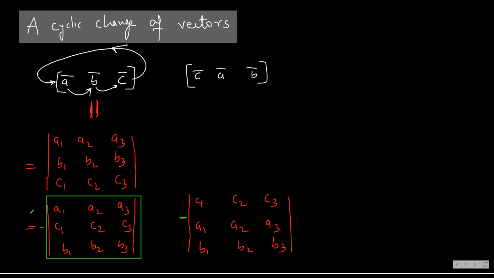Now I will go for this negative sign. With the consideration of that negative sign, minus of minus, try to understand students. Now this determinant which you have here is equal to this determinant in the box.